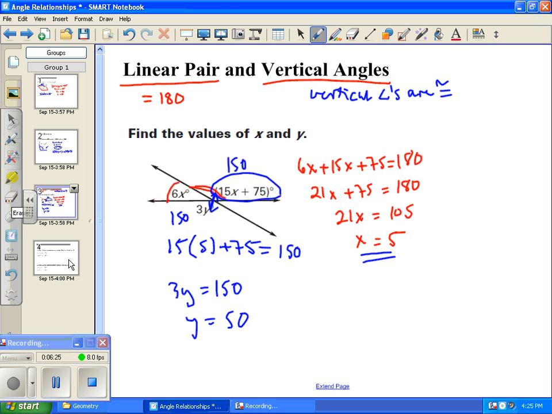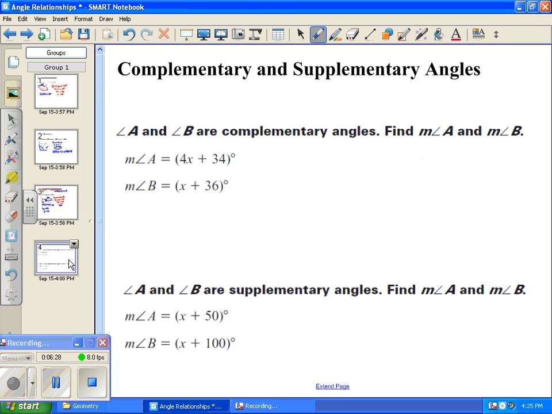The next relationship is complementary and supplementary angles. Now, the procedure here is almost the same, except we have to remember that complementary angles are angles that sum to 90 degrees, and supplementary angles sum to 180 degrees.